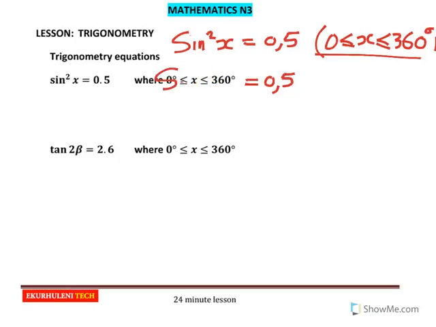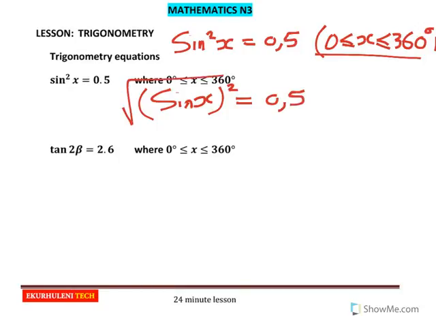You say sine x, all squared, is the same as 0.5. Then you square root both sides like usual, and then you're going to have sine x is equal to the square root of 0.5.